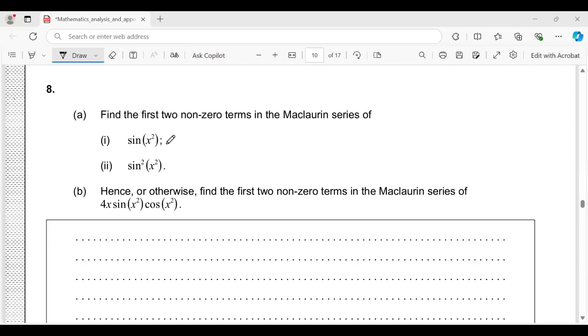Firstly, the Maclaurin series of sine x squared, then secondly, sine squared of x squared, and third, we're going to find the first two non-zero terms in the Maclaurin series of this expression.